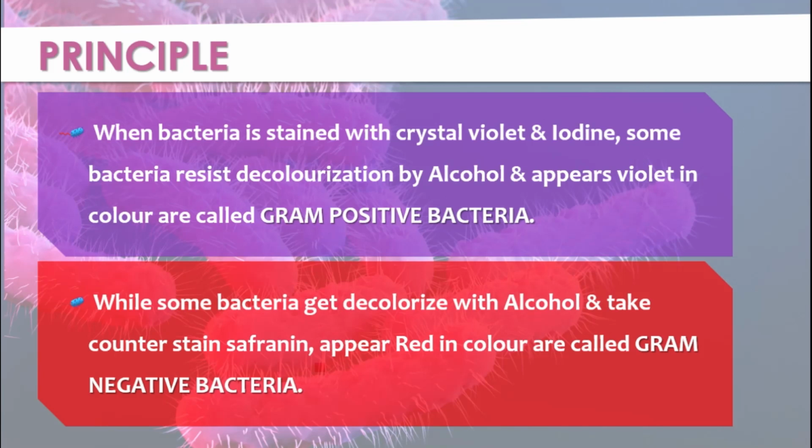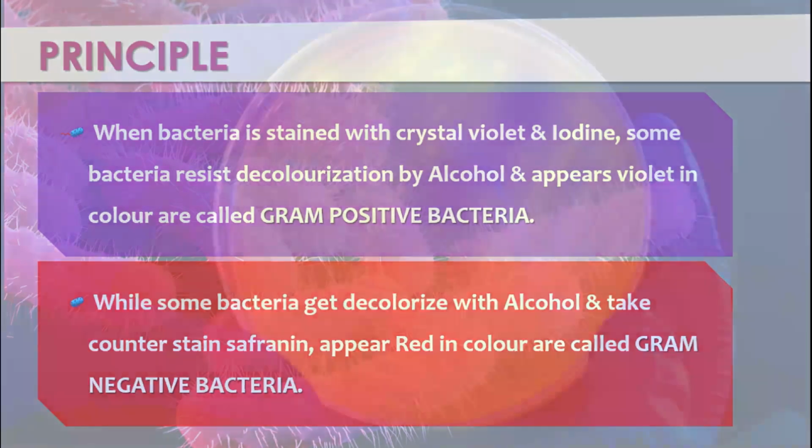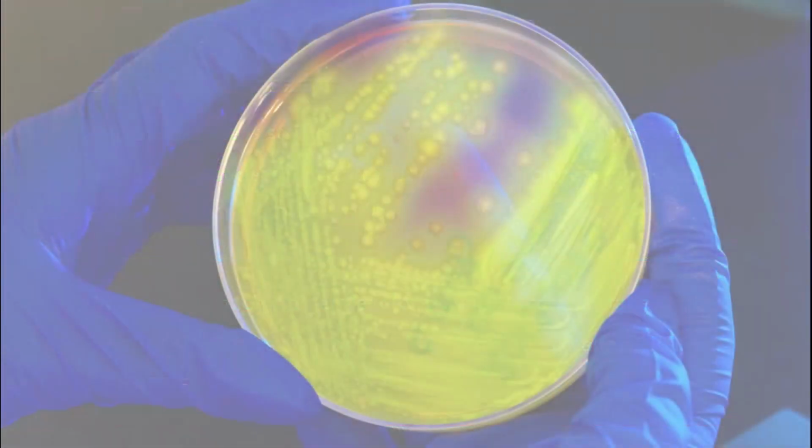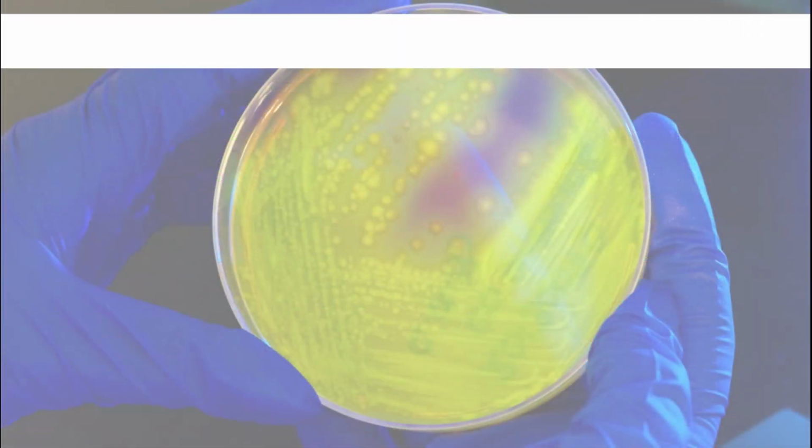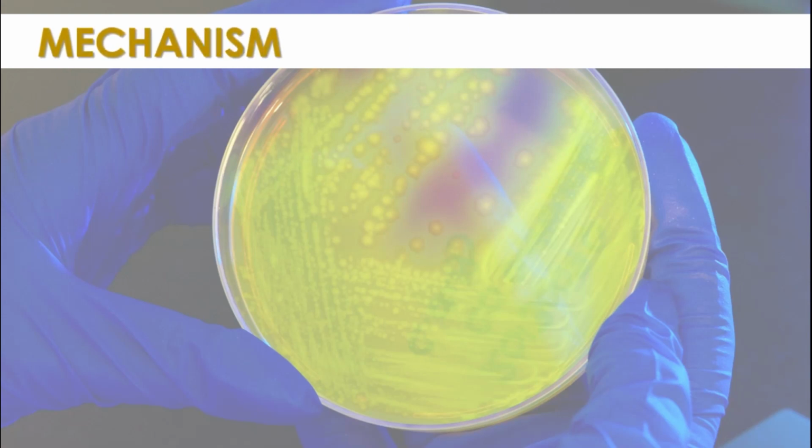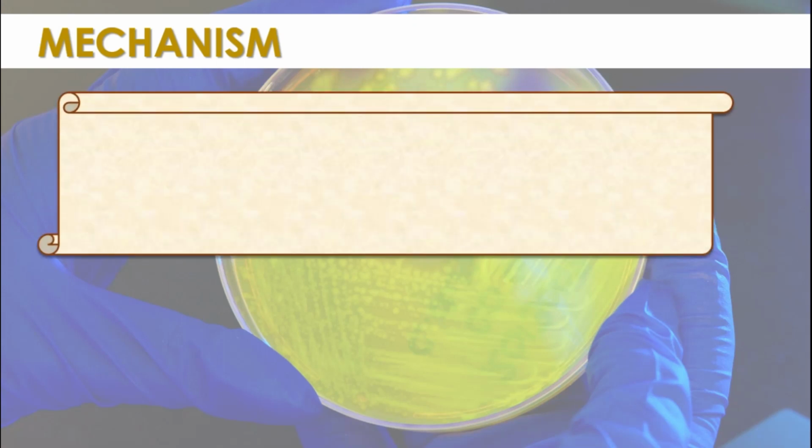Now let us see the mechanism why the gram positive appear violet in color and the gram negative appear red in color. This is the basic mechanism behind the gram staining. There are various concepts explaining why gram positive bacteria retain the crystal violet and why the gram negative bacteria retain the counter stain.